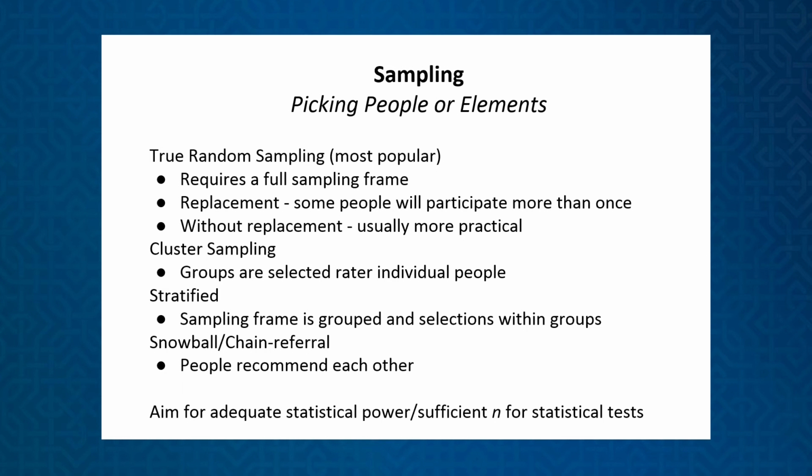You theoretically could be asking the same person to complete a questionnaire three times. Most folks aren't going to do that, so they use a variation that's not true random sampling, which is without replacement: if you've already done it, you don't get picked again.